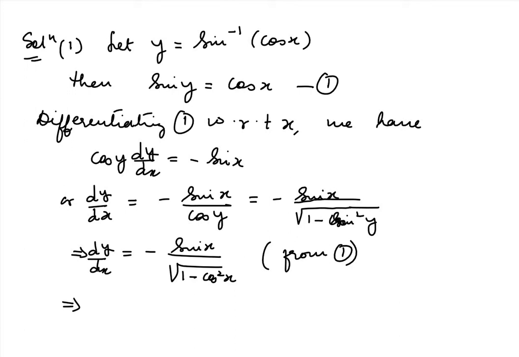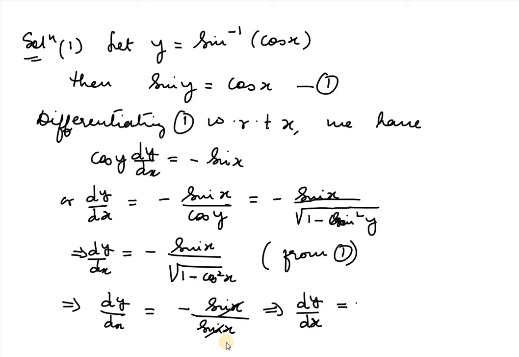Now what is square root of 1 minus cos square x? It is again sin x. So you can replace it by that sin x. Now this and this will be cancelled. So finally we have got the derivative of the function, dy dx of y is equal to sine inverse of cos x, as minus 1. So this will be the solution of 1.